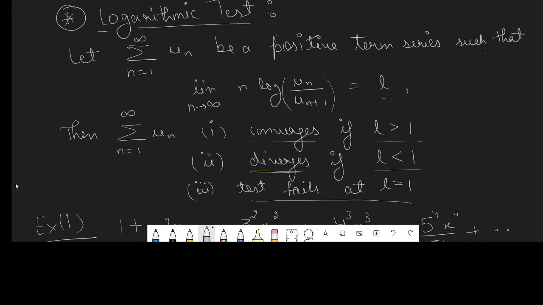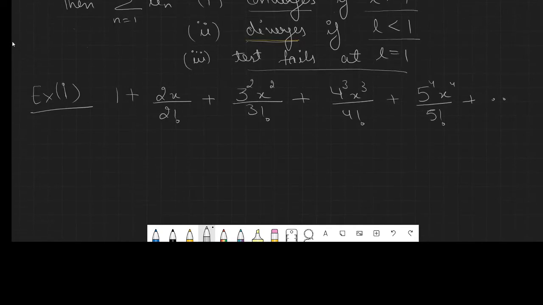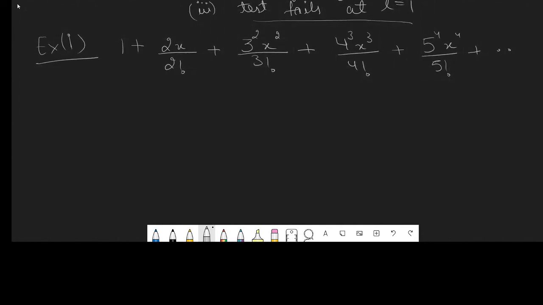Okay, so now the example that I am going to do is 1 plus 2x by 2 factorial plus 3 square x square by 3 factorial plus 4 cube x cube by 4 factorial plus 5 power 4 x power 4 divided by 5 factorial plus dot dot dot. Now to apply these tests, first we need to find the un.